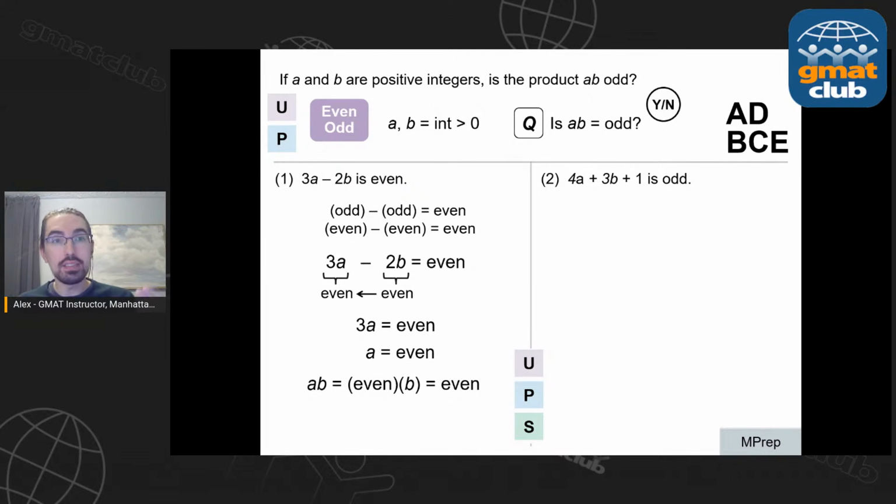So AB is going to be some even number times B, and that's going to end up being even. Any even times anything, any integer, is going to end up being even. So this is sufficient. It's sufficient to know that one of our two values, A or B, is even.